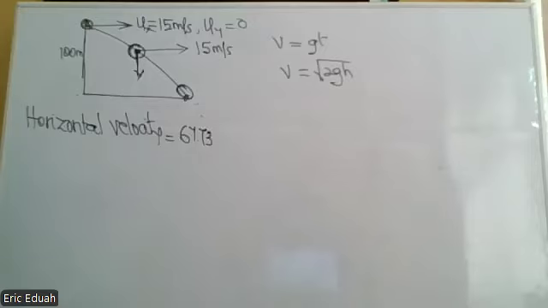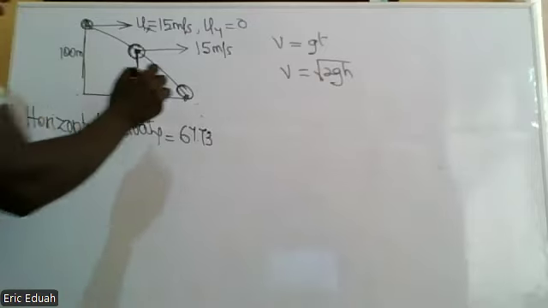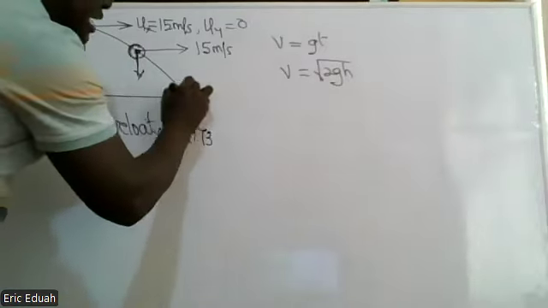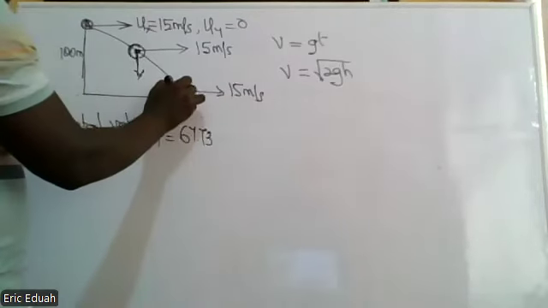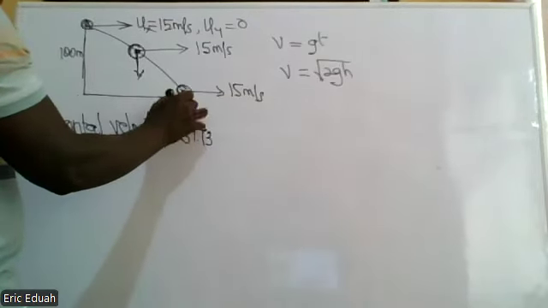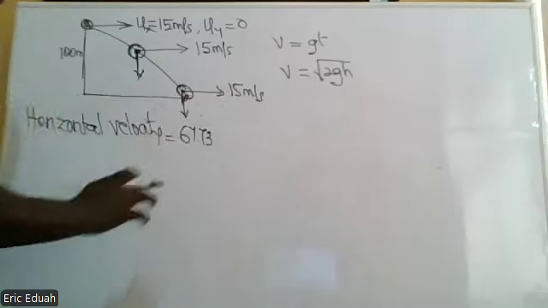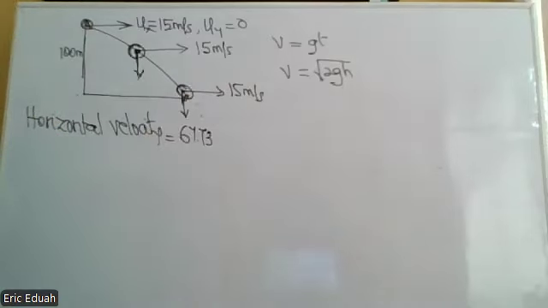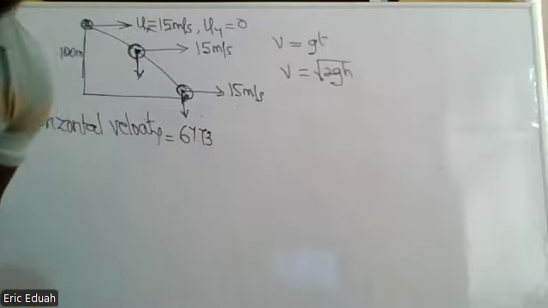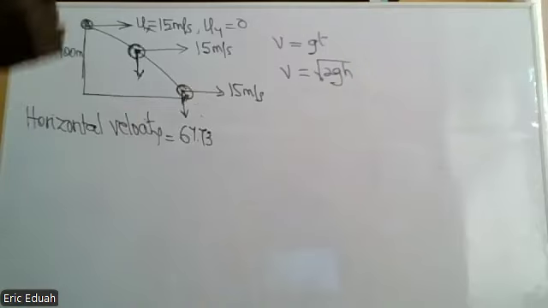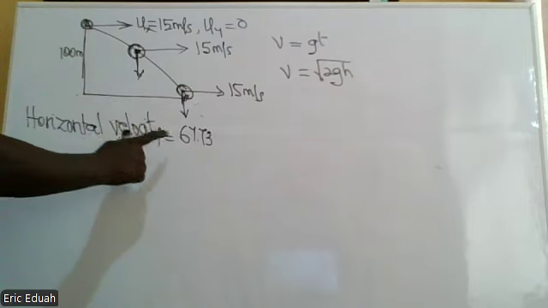So note that at every position, the horizontal velocity is constant, 15. But the vertical velocity depends on time. So the horizontal velocity just before it hits the ground will still be 15 meters per second.